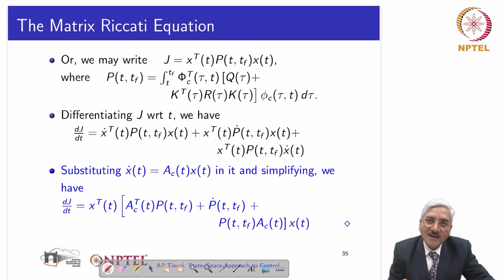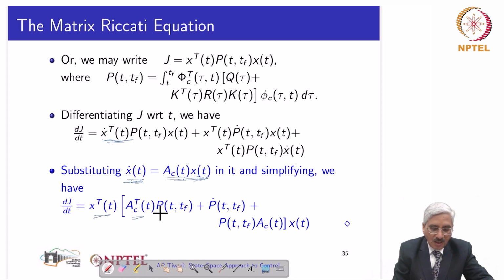And in that we substitute x dot(t) equal to A_C(t) x(t). So that substitution we make. So this x dot(t) transpose is x transpose into A_C transpose. Of course the P was there, and this x dot(t) is A_C into x(t).